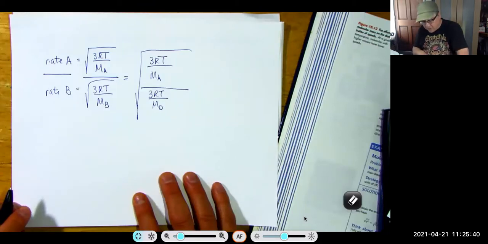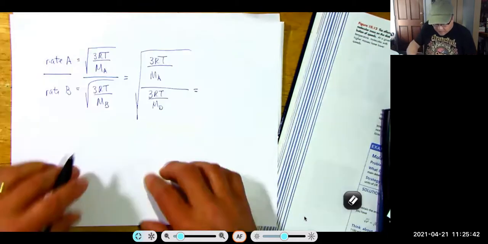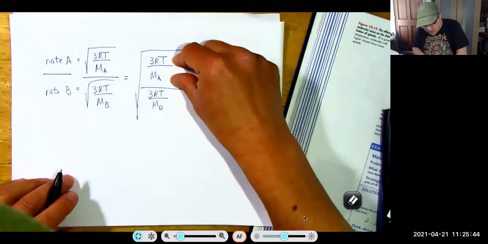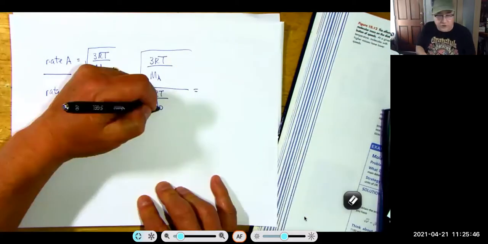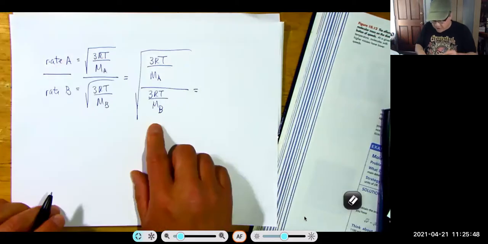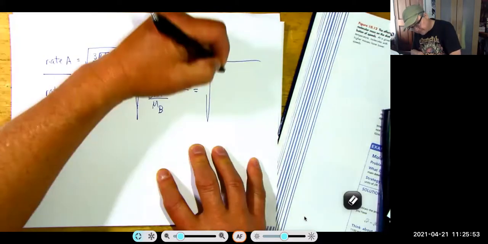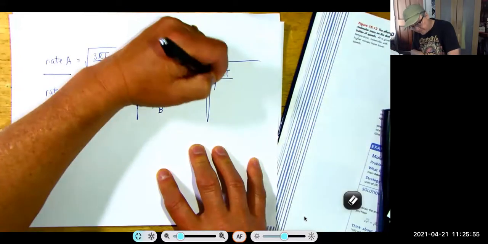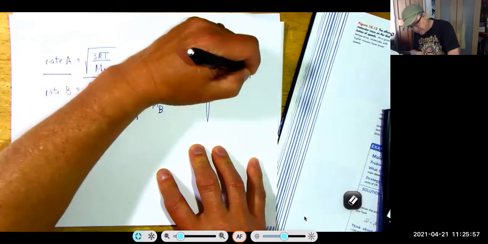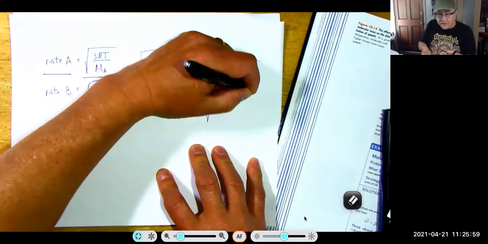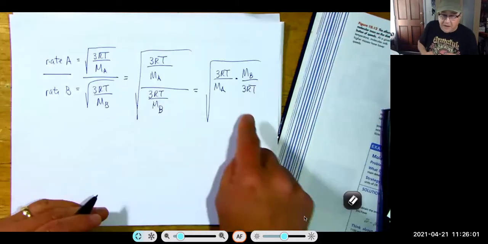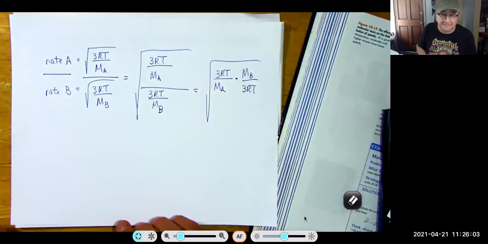Now, you were taught in math that when you have a fraction in the top and a fraction in the bottom, what do you do with the fraction in the bottom? You do this. You invert it and multiply it by the top. Do you remember that? Yeah.